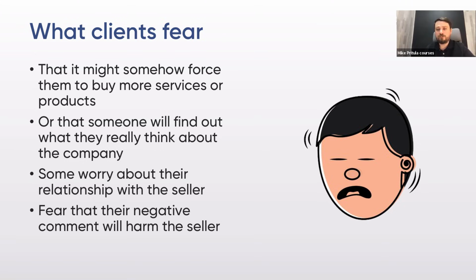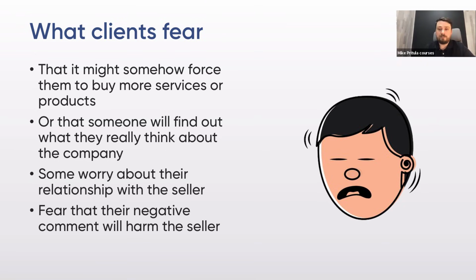Some worry about their relationship with the seller. These are regular purchases. If I give him a bad evaluation now, he'll treat me poorly, and we'll have a difficult relationship. Some are afraid of causing harm. For example, someone might be unhappy with how a salesperson behaves, but the salesperson isn't a bad guy, so they won't give him a low score to avoid getting him fired.